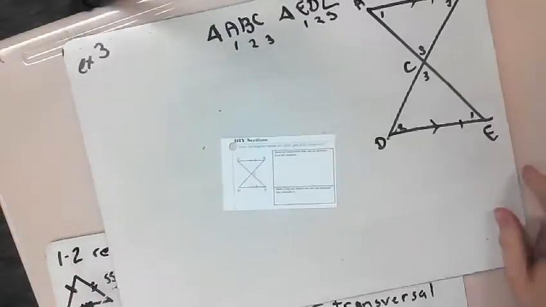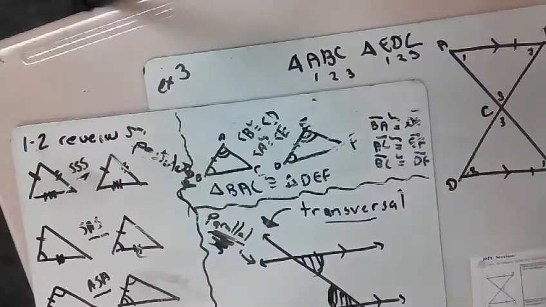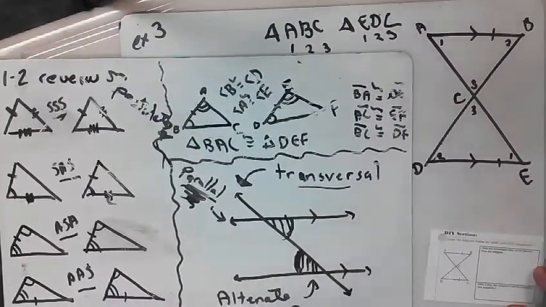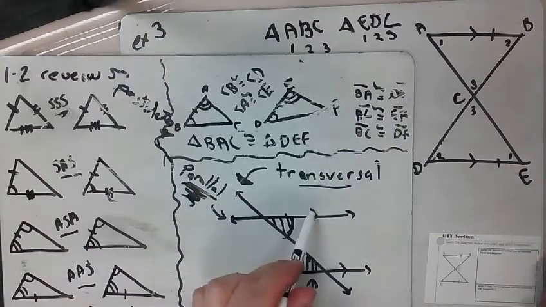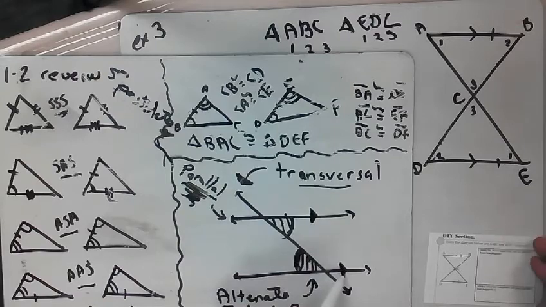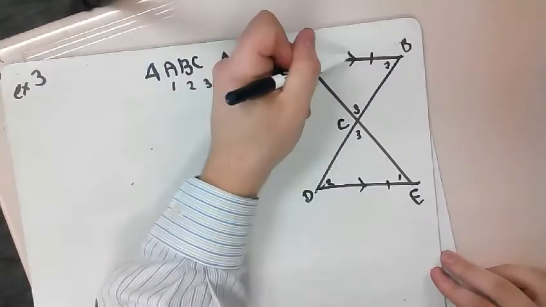Now, if we look back at our example from before, I pointed out that parallel lines produce alternate interior angles. You can see here that we have these arrows.